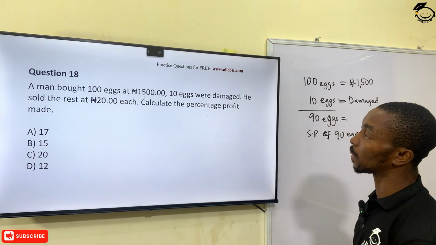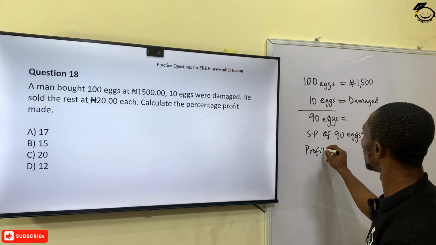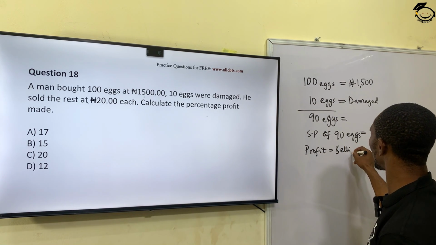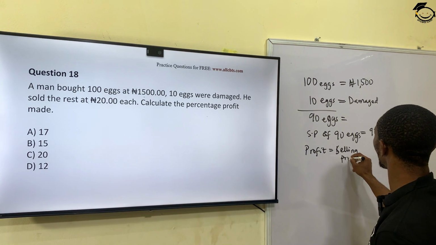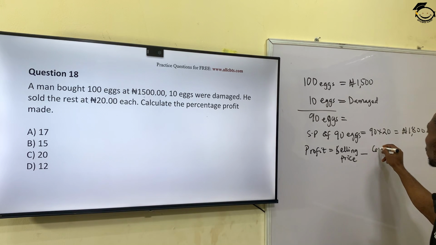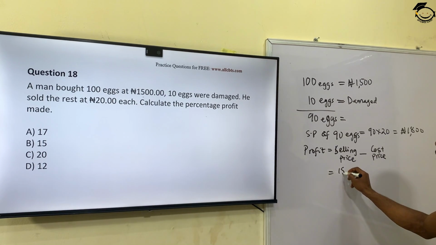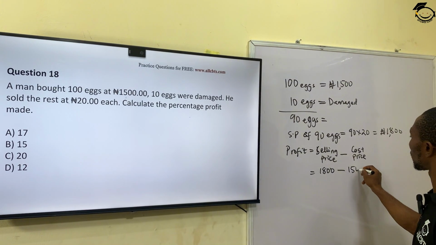Now, for us to know the percentage profit, our profit is selling price minus cost price. Our selling price is 1,800 minus cost price, which is 1,500.